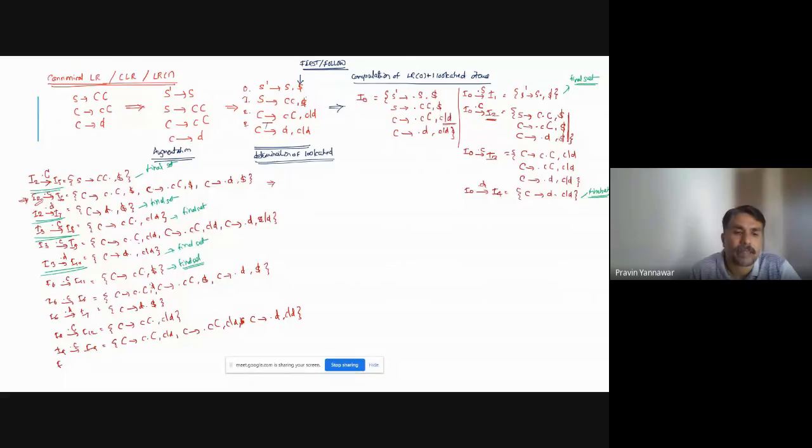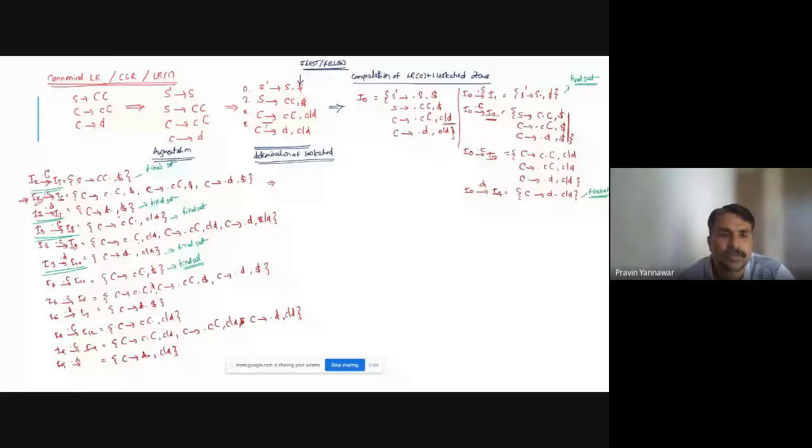And I9 with dot D. I9 is this, and dot D is C implies D dot, C by D. Okay, C implies D dot, C by D. So which means C implies D dot C, right?